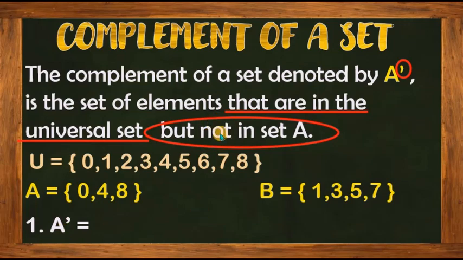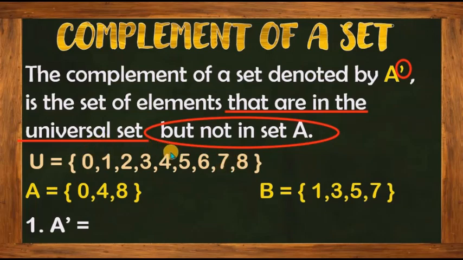The clue word here is not in set A. This can be replaced by the name of the set given. If you have set A, not set A. If you have set B, not set B. Okay? So again, what are the elements of set A? Those are 0, 4, and 8.